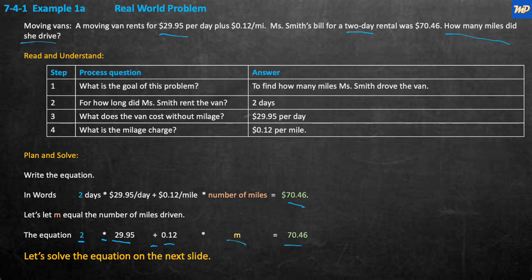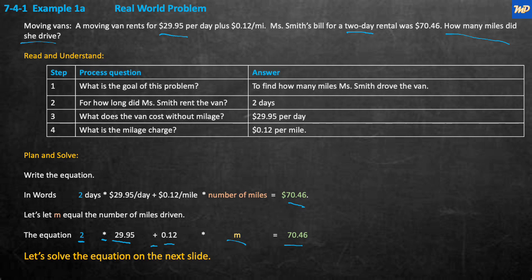And that's all going to equal $70.46. Okay, we have that. We see it. 2 days at $29.95 a day plus 12 cents per mile equals, her bill equaled $70.46.